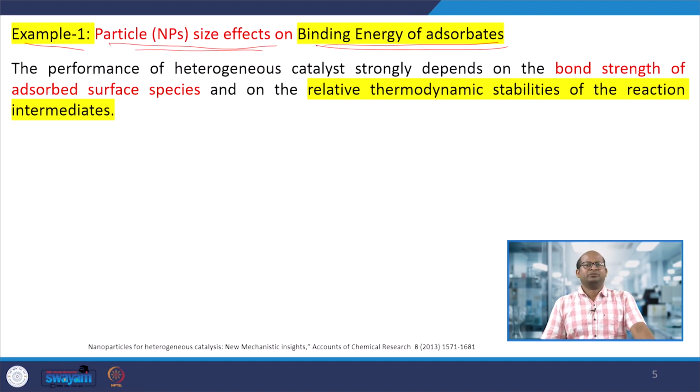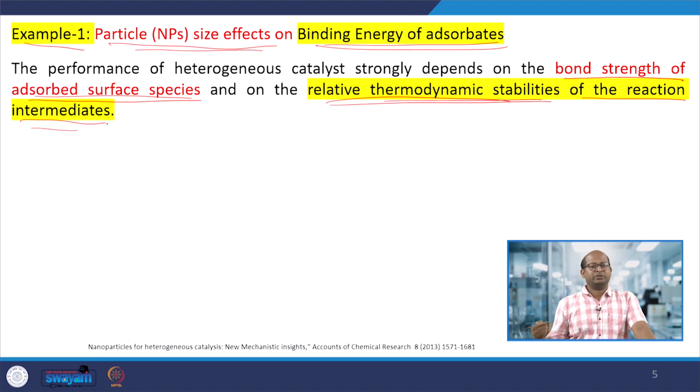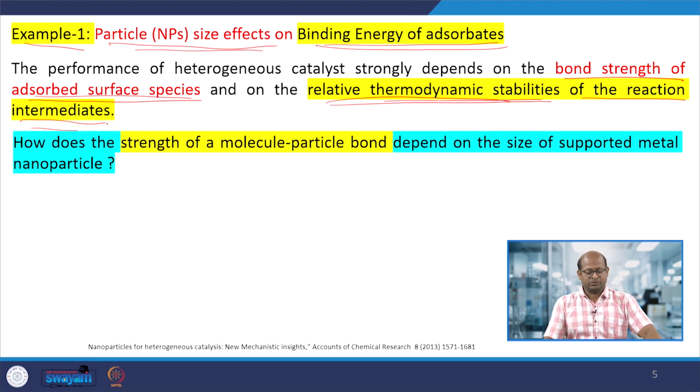When it is adsorbed, there is some bond strength of that adsorbate with the surface, and after that the molecules may be converted into desired products. So, the relative thermodynamic stability of those reactants or reactant intermediates over the surface is very crucial. How the strength of the molecule-particle bonds depends on the size of the supported metal nanoparticles, we will discuss.